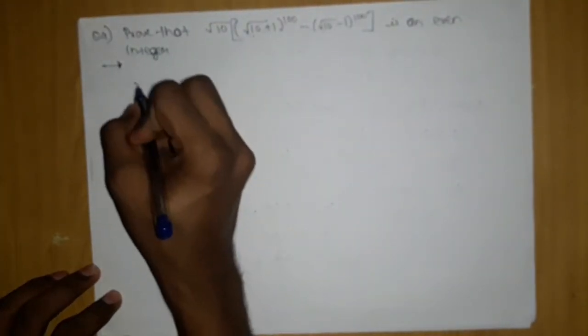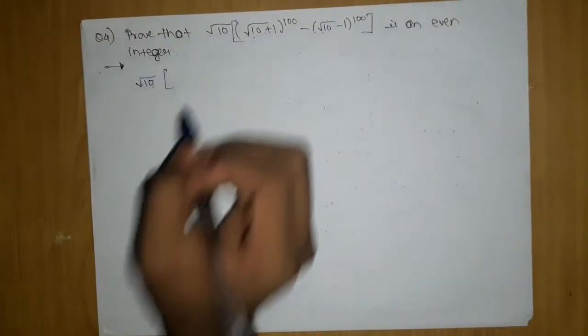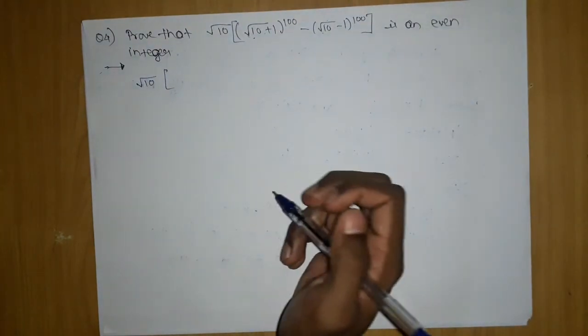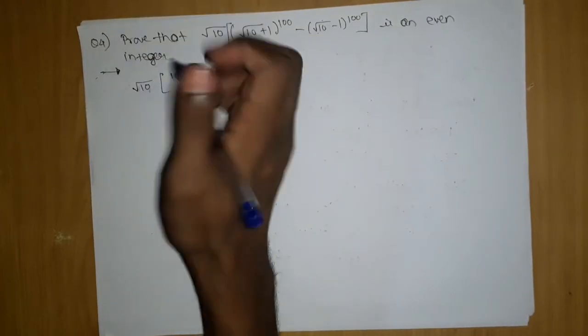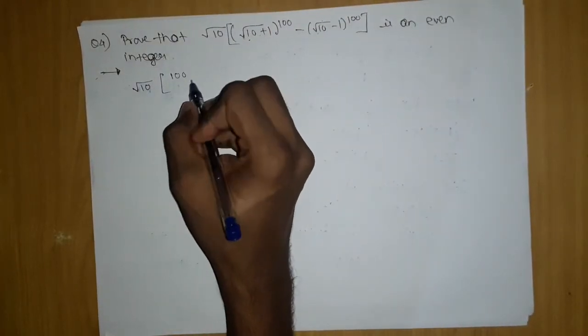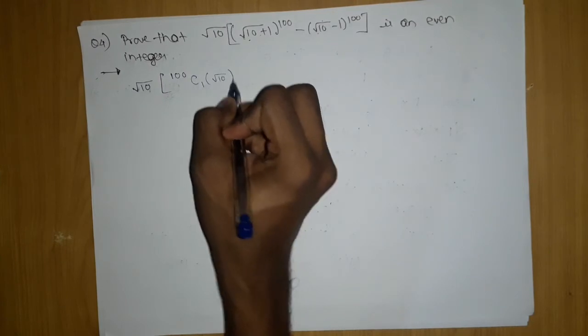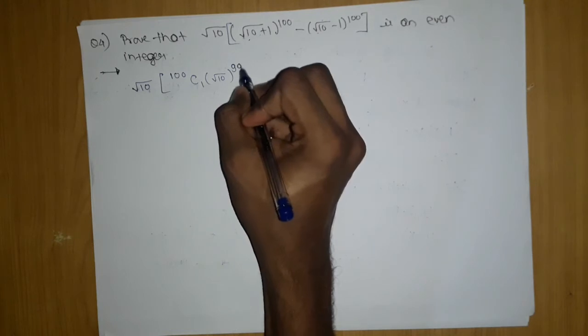What we are going to do is keep the √10 as it is. We know that the expansion of the difference will have only odd position terms, so we are going to write only those. So the odd position terms will be 100C1 √10^(100 minus 1), which is nothing but 99.